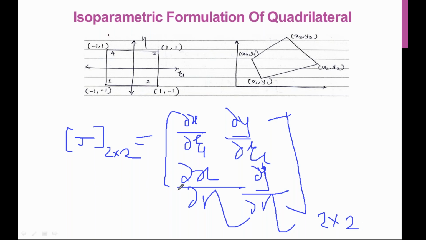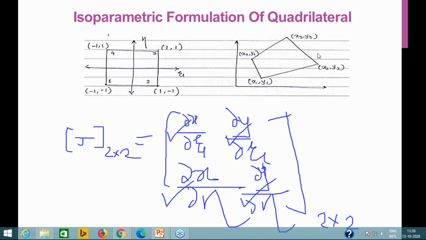Whether it is a rectangular element, a CST element, a serendipity element or a 9 noded rectangular element, you just have to calculate the x coordinate derivative with respect to zeta, the y coordinate derivative with respect to zeta, and the same for eta. So it is very simple. Don't get confused.